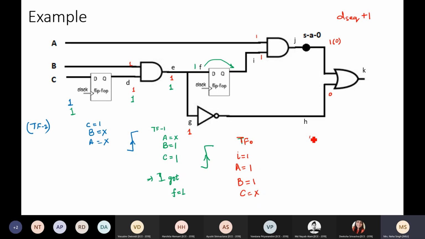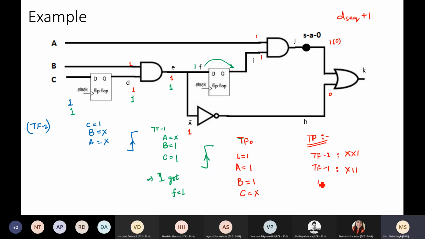So what test patterns finally did we use? In TF minus 2, the test pattern was X, X, 1. In TF minus 1, the test pattern was A equal to X, B equal to 1, C equal to 1. So X, 1, 1.